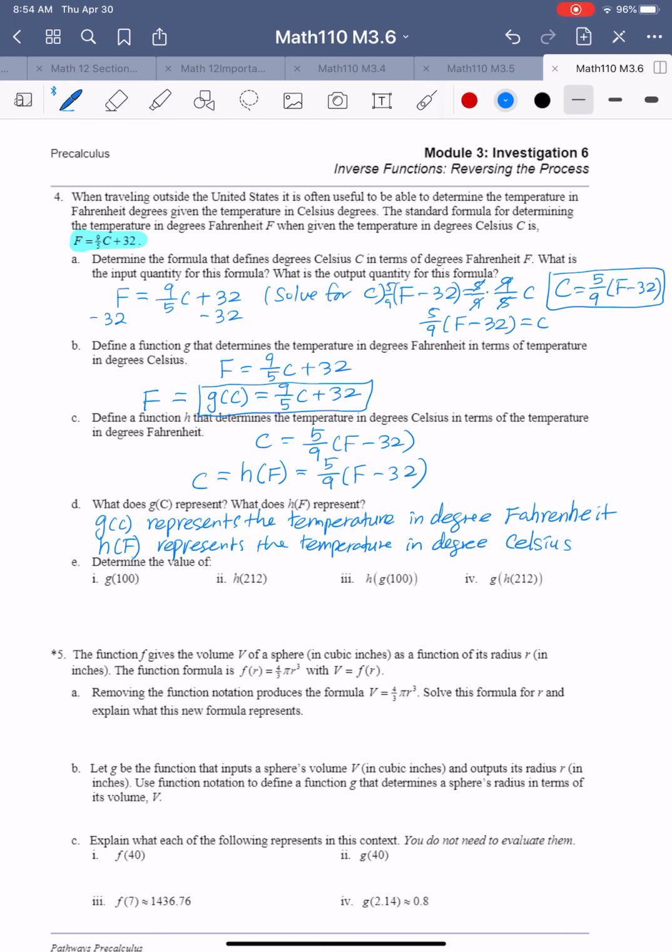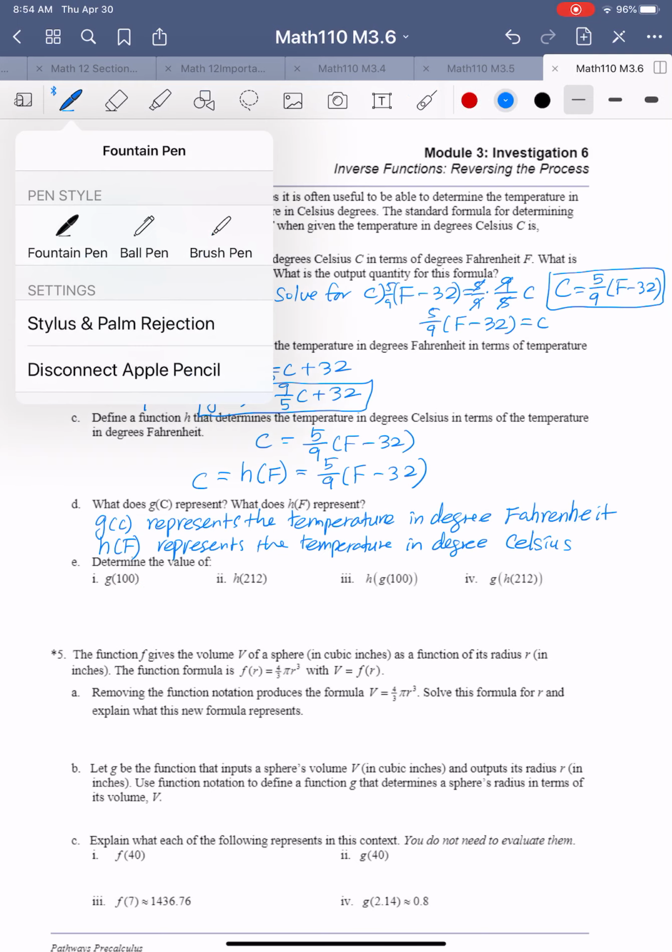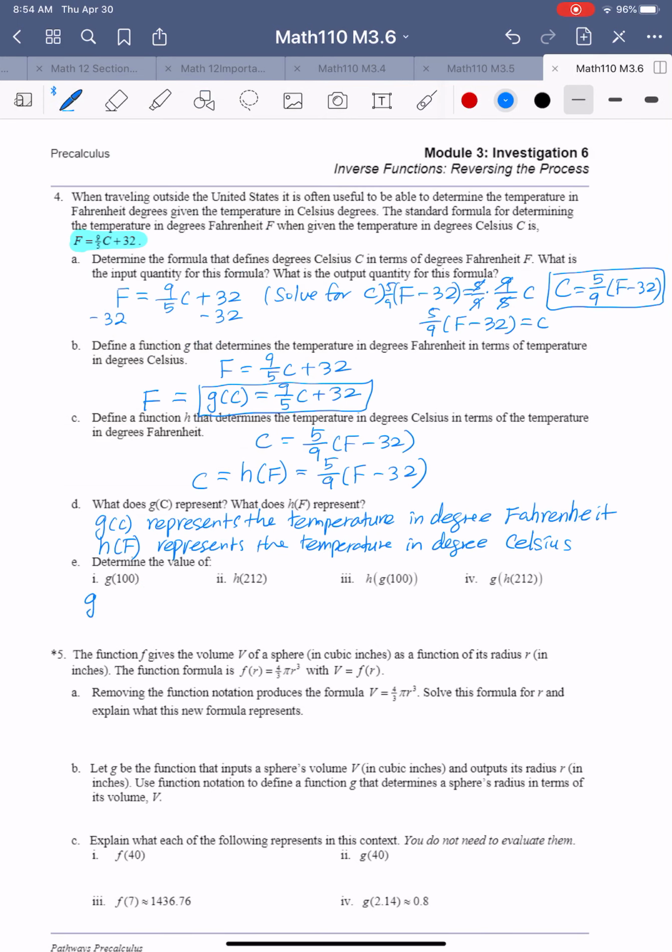Okay, all right, so determine the value of the F. So now we need to use the proper function to figure it out. The first one is the G function, so I'm going to use G of 100. You're looking for the Fahrenheit, right? So Fahrenheit uses C, which is 100 Celsius.